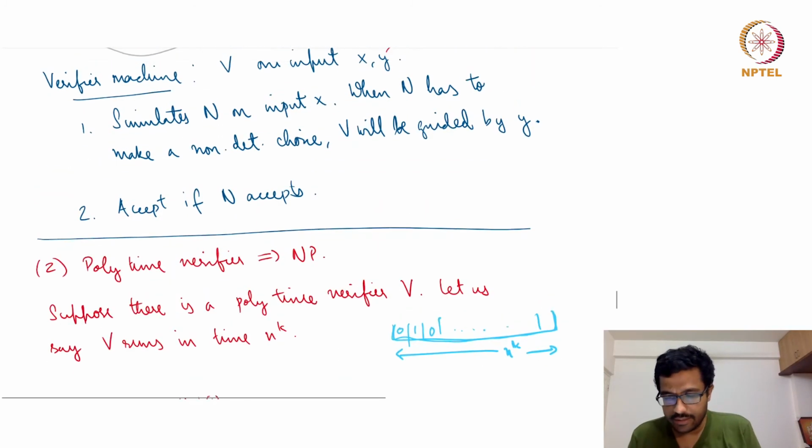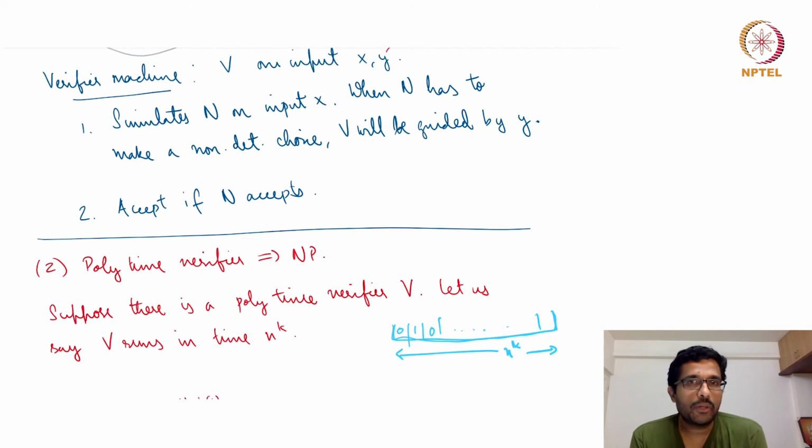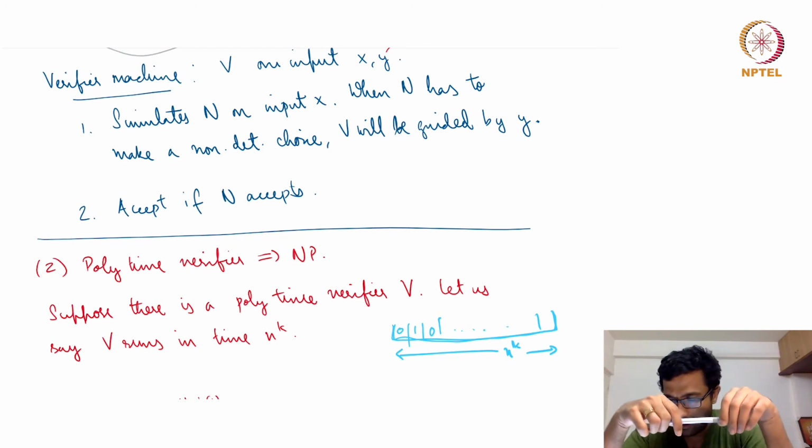So now this is the one direction. The other direction is that if a language has a polynomial time verifier, then it is in NP. So suppose L is a language that has a polynomial time verifier, let's say V is a verifier.